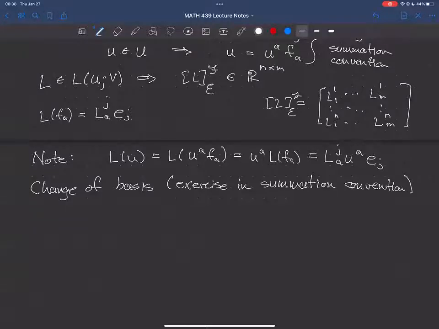Now I have bases E equals E1 through En, and I also have a basis E tilde. It's not a very nice looking tilde.